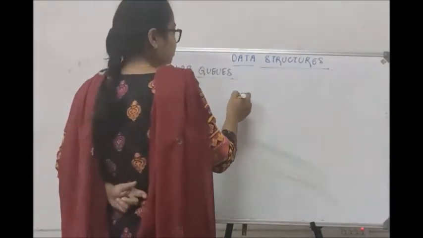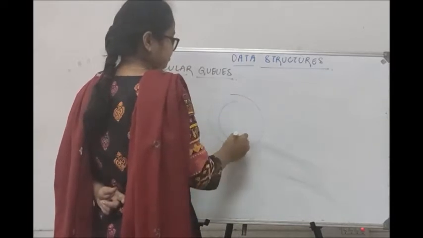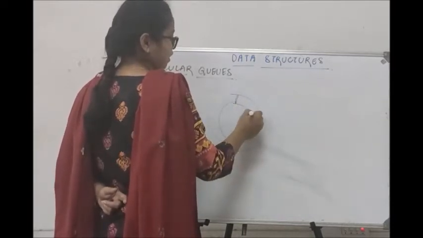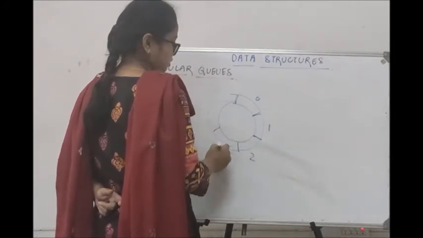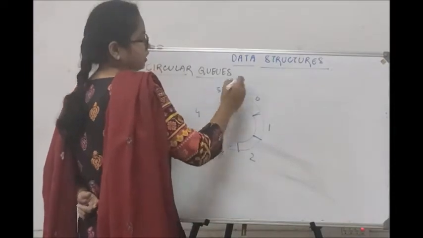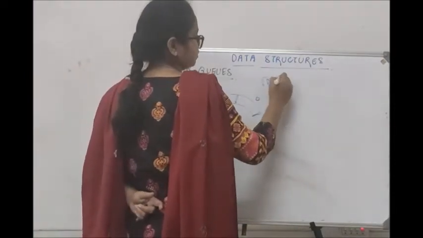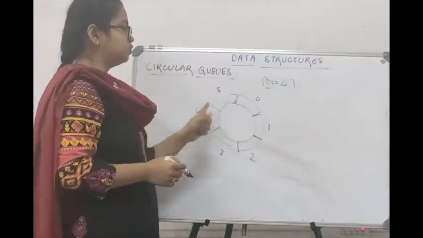So circular queue is somewhat like this. You can think of it like this. We have slots 0, 1, 2, 3, 4. Let's make it N is equal to 6, suppose. Total size is 6. We have 6 slots, from index 0 to index 5.